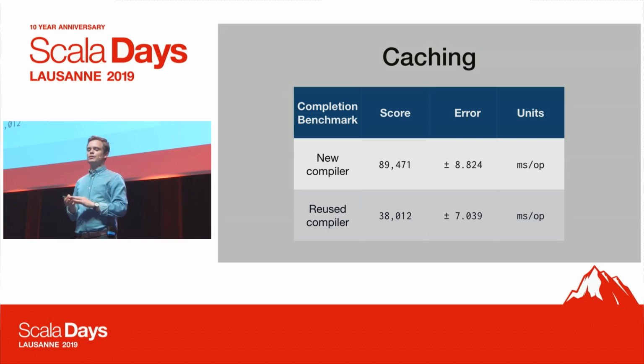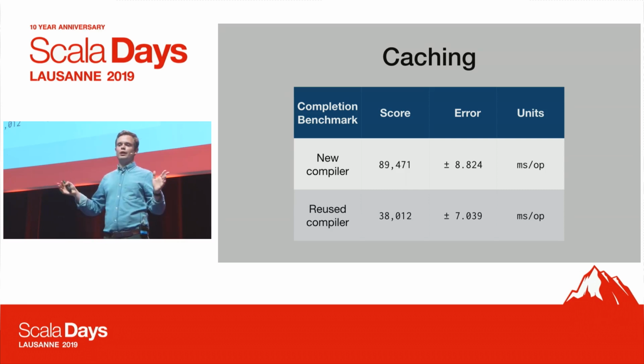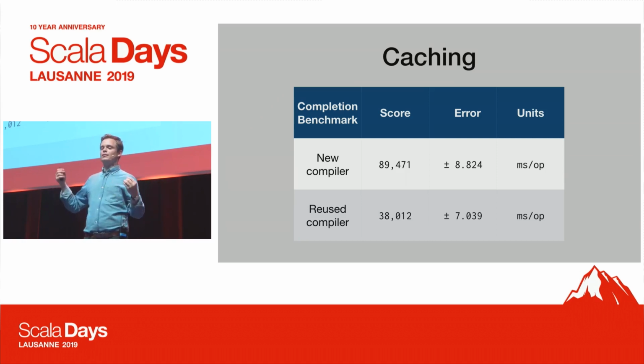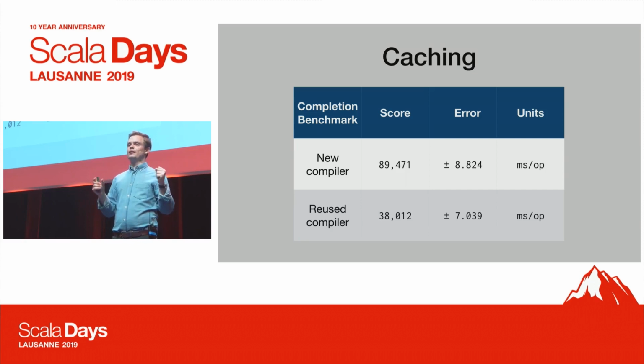And it does that completion with a hot JVM, so that was 90 milliseconds. So if you just keep around that compiler instance, and then you do another completion in a different file, then it will be 40 milliseconds. So you shave off 50 milliseconds just by reusing that compiler. So this seems like, you know, a no-brainer win.